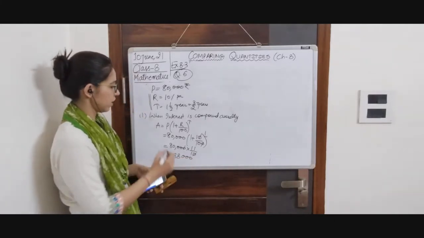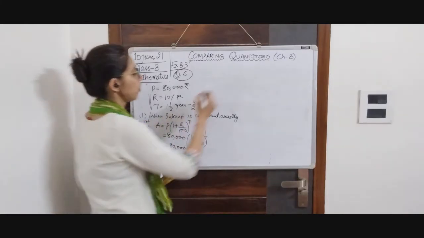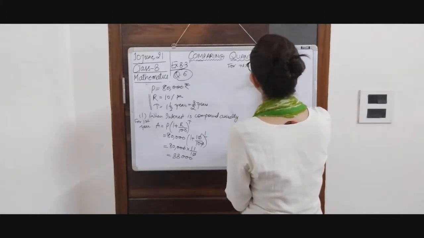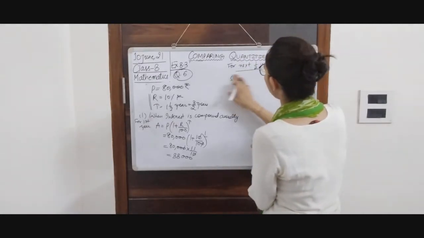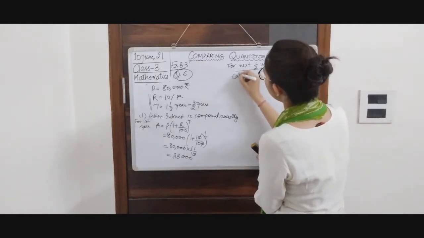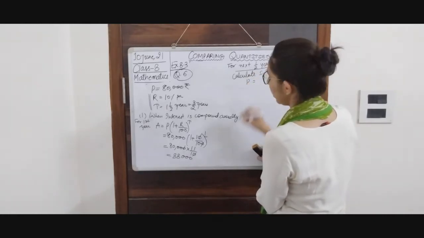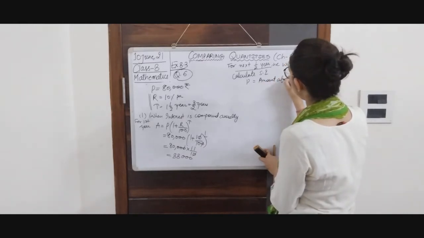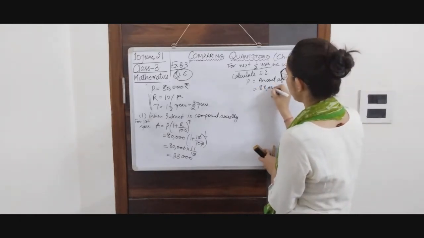The amount for the first year is this. For the next half year, we will calculate simple interest, for which P is equal to the amount after 1 year, which is equal to 88,000.